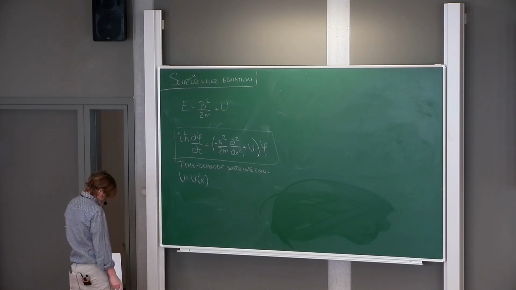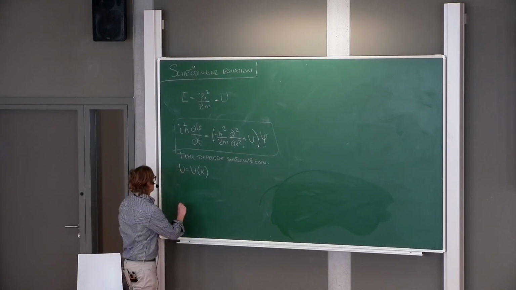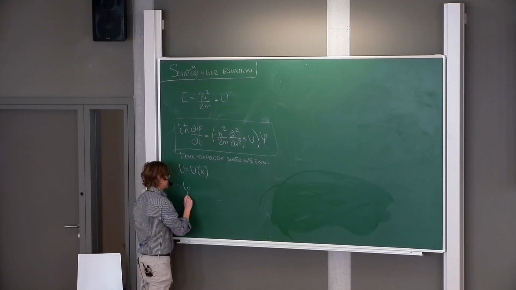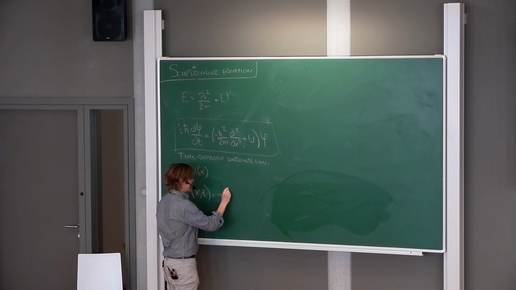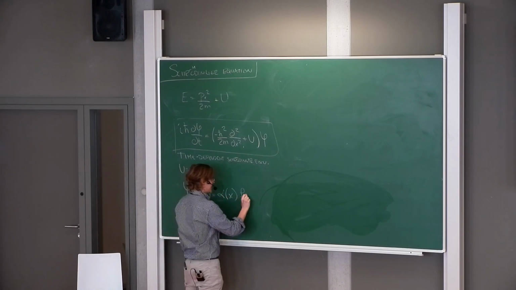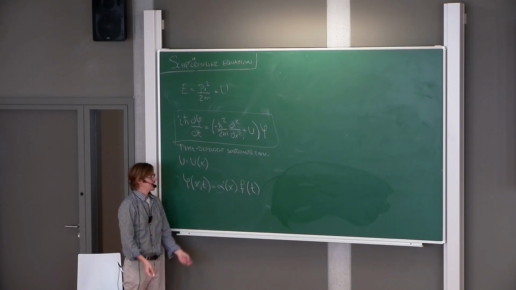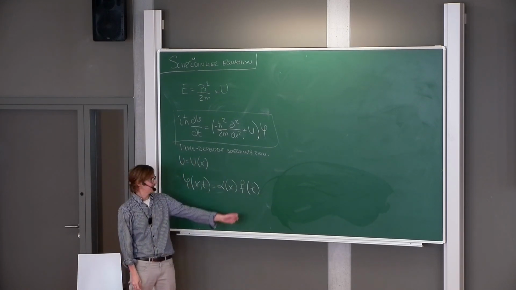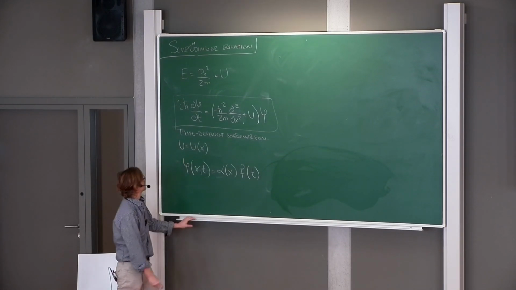Then we can suppose that we have a solution to the time-dependent Schrödinger equation that is on this form, which I will call now alpha of x times f of t. That is, that it is separable. We have one spatial component, we have another time component. Okay?